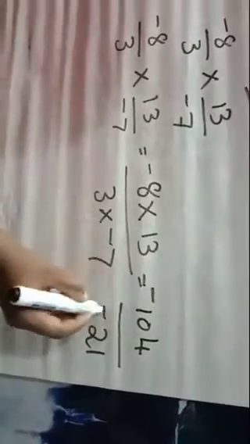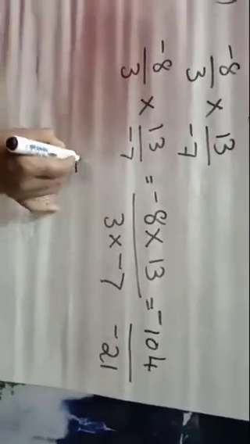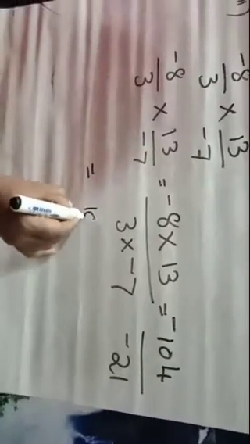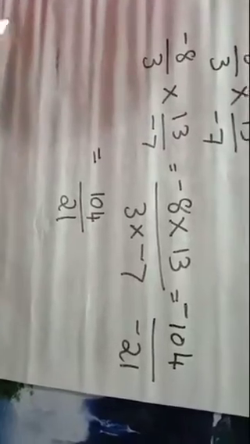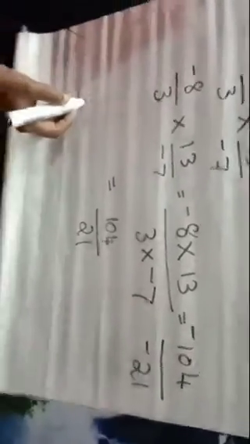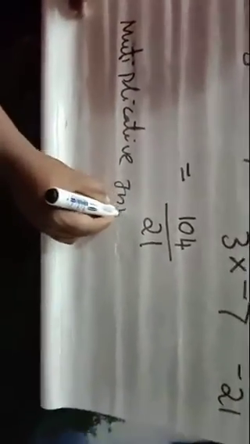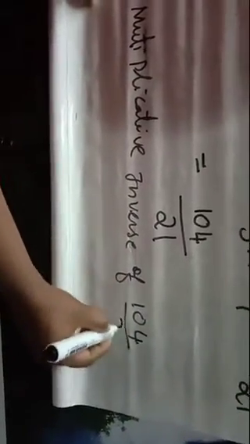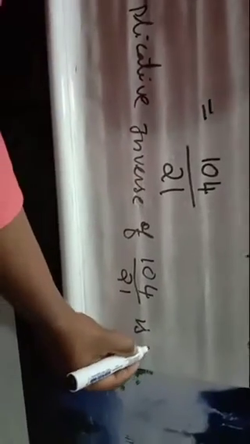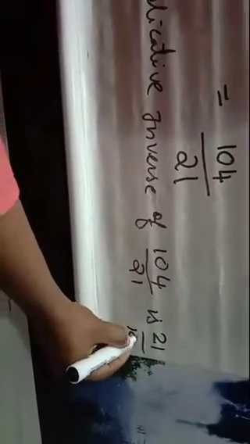Now, negative by negative is what? Negative by negative is positive. Positive 104 by 21 is the answer. So you want to find the multiplicative inverse. Multiplicative inverse of 104 by 21 is 21 by 104.